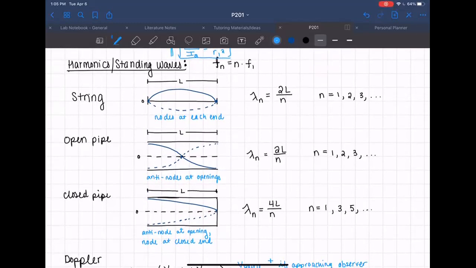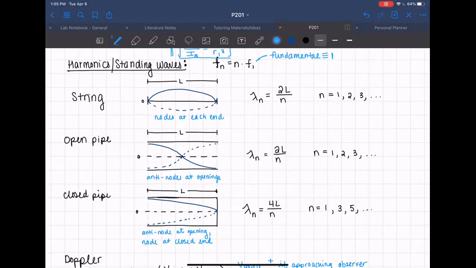So basically your resonant frequencies are equal to whatever your wave number is times the fundamental. Maybe that's something else I should put on here. So this F1 would be the fundamental. That's another thing that might be useful to have on there.